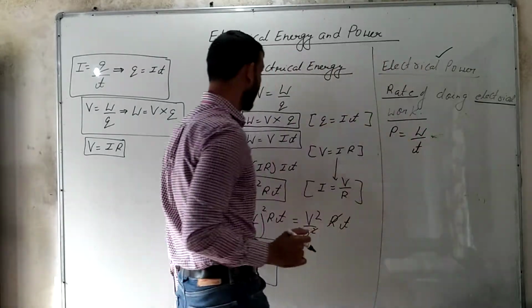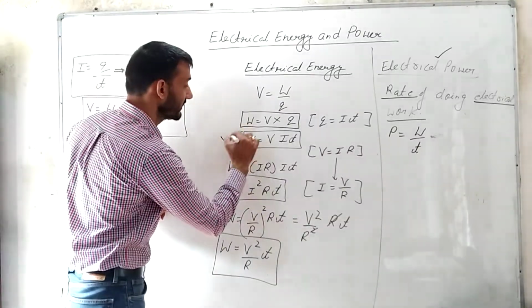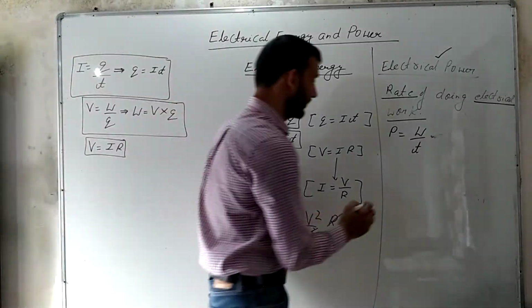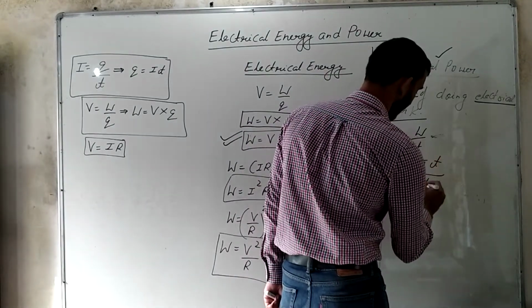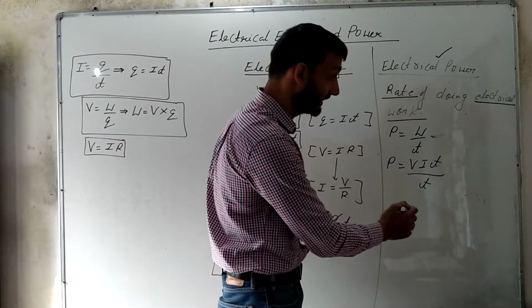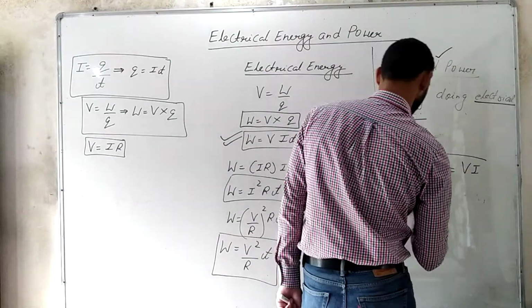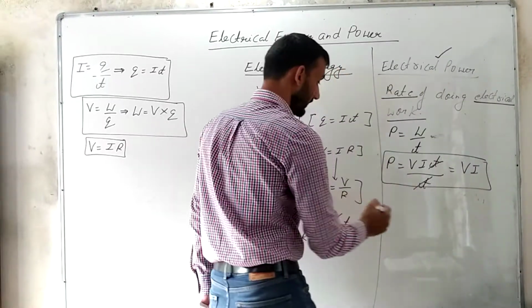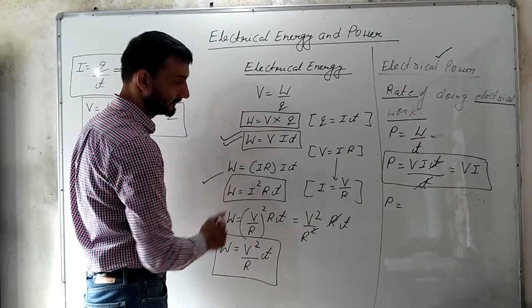So now you see what all are the formulas for work. The very first formula is W is equals to VIT. So if I put VIT by T, in place of work I put VIT, T goes off, so power is equals to VI. This is one formula for power. Second formula for power will be I square RT.